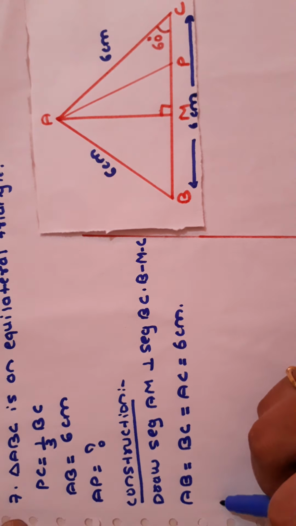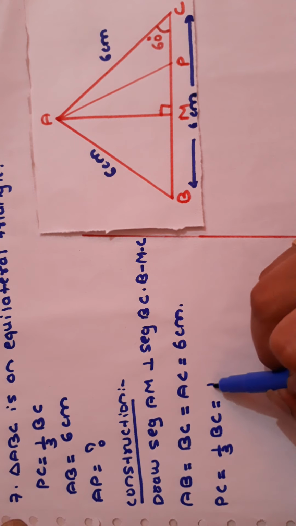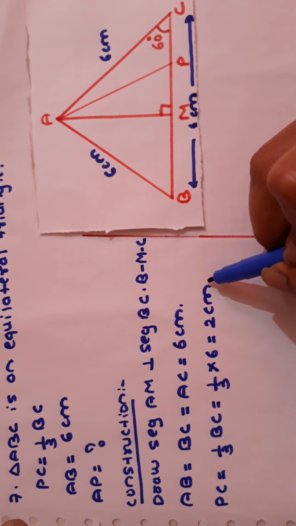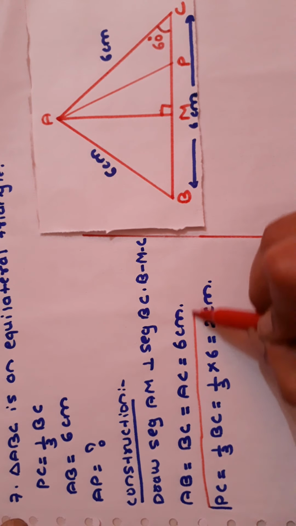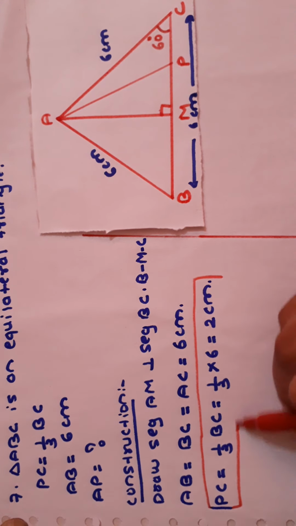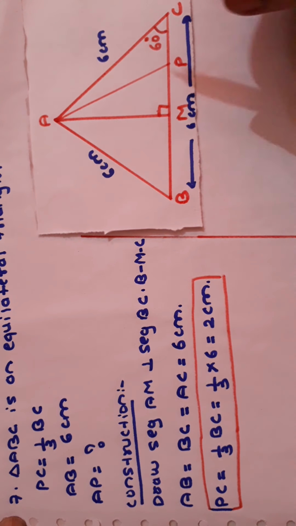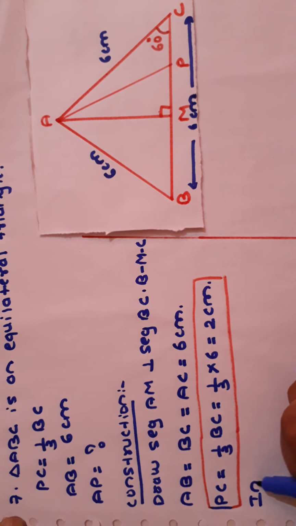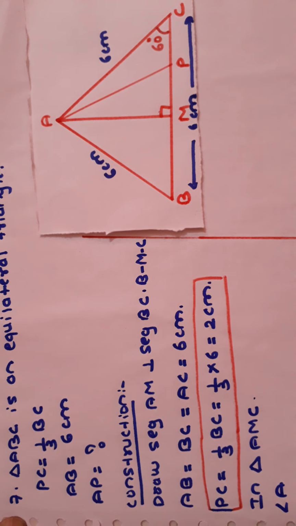Now it is given that PC is 1 by 3 times BC. Substitute the value of BC. Now consider triangle AMC. Sum of the three angles of this triangle is 180 degree.